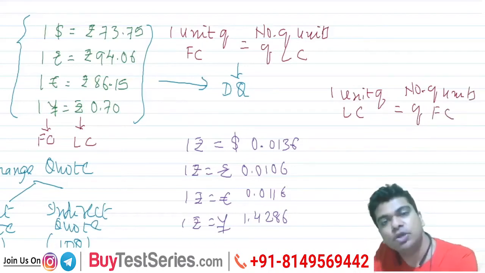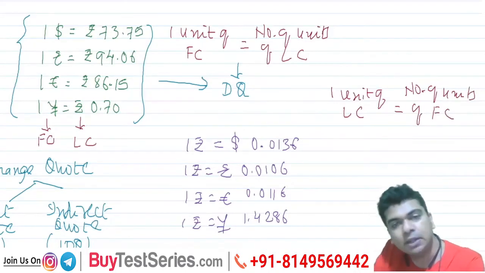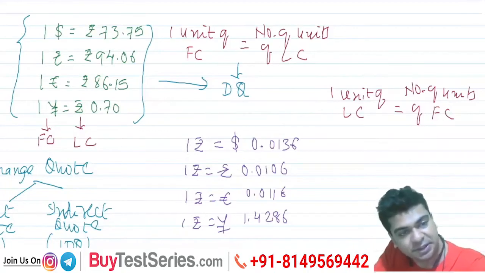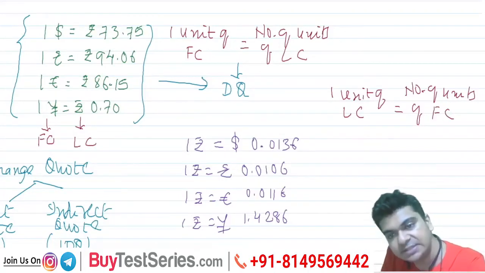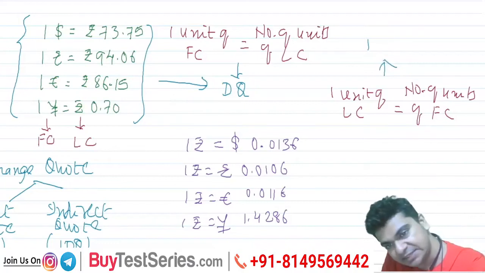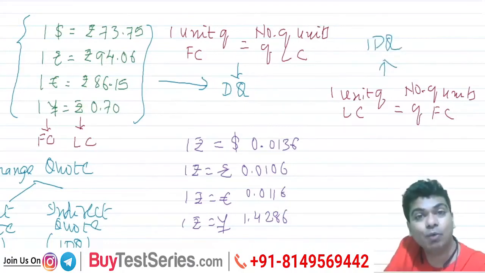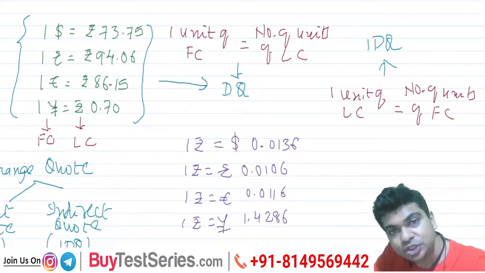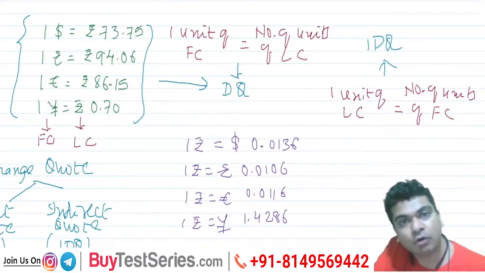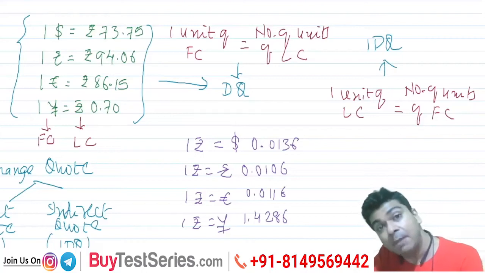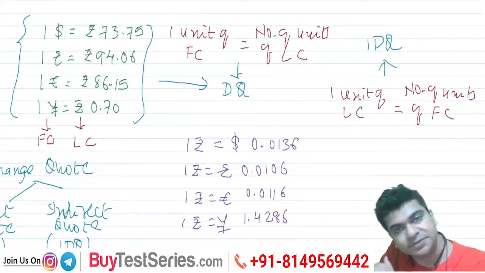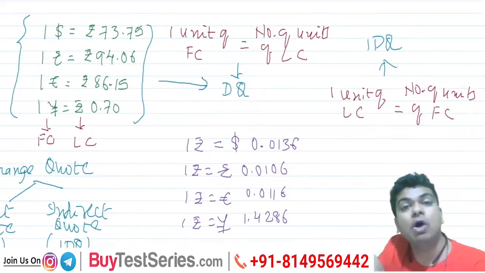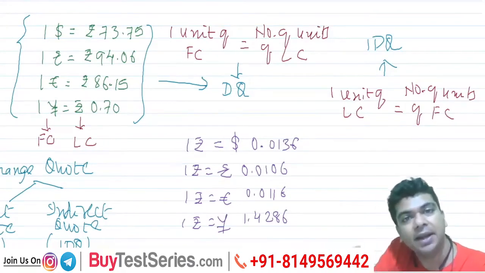If this is the way you are expressing the quotation, I will consider it an indirect quote. So indirect quotation expresses the number of units of foreign currency per 1 unit of local currency. In India, the Reserve Bank of India has banned indirect quotes.